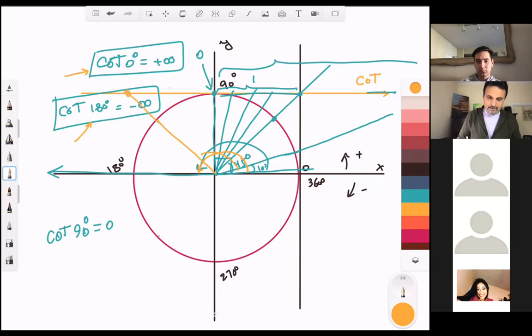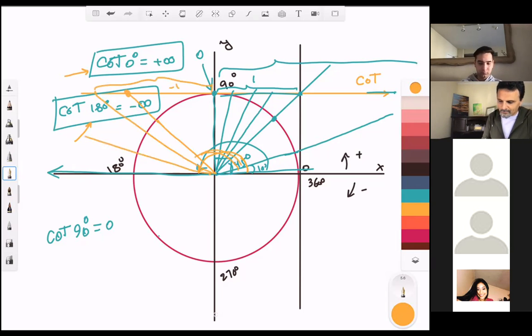It will be -1. If I ask what is cotangent of 140, that much is going to be cotangent of 140, correct? If I say 150, it will be this much. 179, it will be like this. It goes this direction. If I go this way, I'm never going to touch this line. So at 180, they will be parallel.